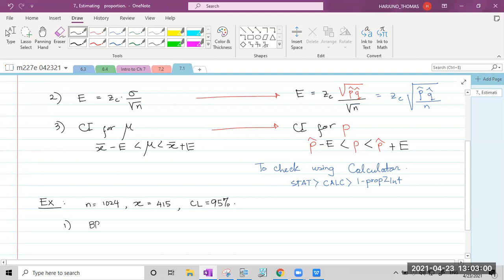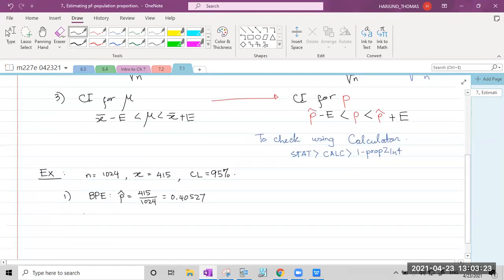Best point estimate, that's the sample proportion, which is 415 over 1,024. That is 0.40527. Critical value: 95% means the area in the middle is 95%, the remaining 5% being shared by two tails.